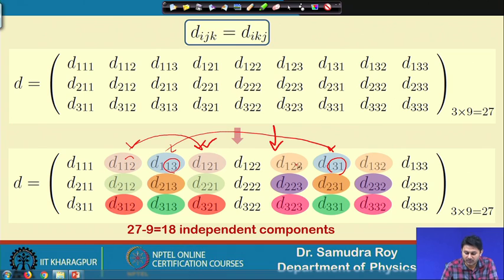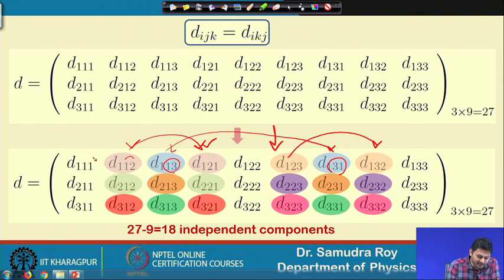Here in the first row also D12 and D32, D123 and D132, these two are the same. We have other components also, D212 and D221, which will again have the same value.